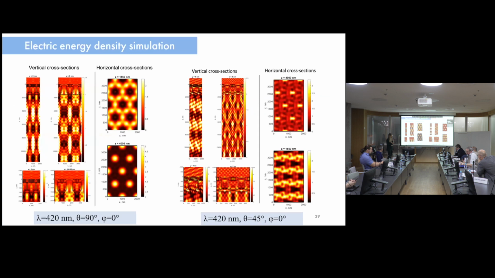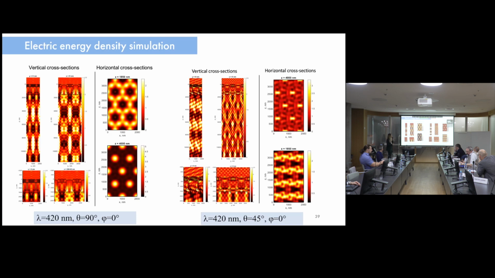Then we performed a numerical simulation of electric energy distribution inside the diatom frustule using an incident wavelength of 420 nanometers. On the left, you can see what happens when our incident angle is 90 degrees. In this case, the situation is different because we have another incident angle. We observe here an interference pattern which comes from diffraction by the periodic and symmetric structure of the diatom.